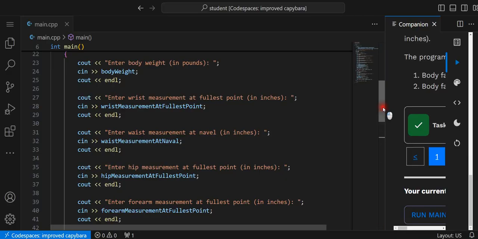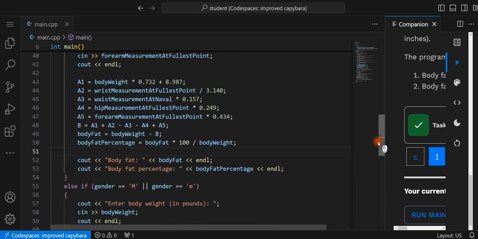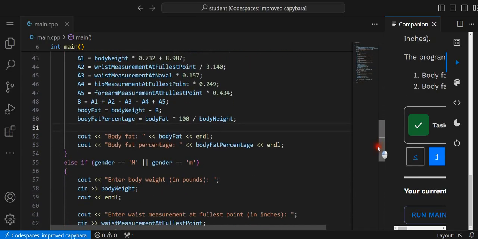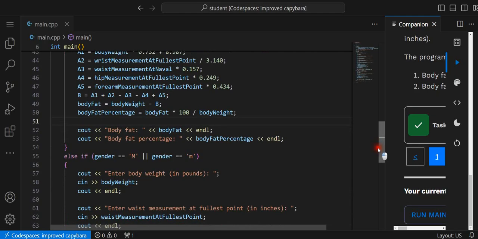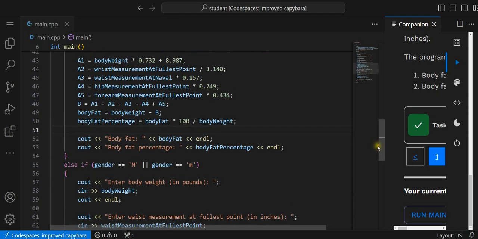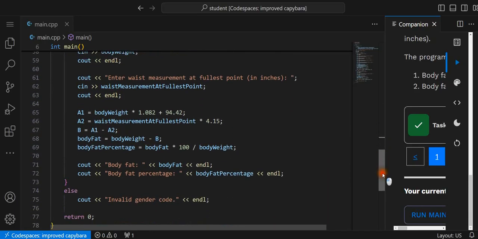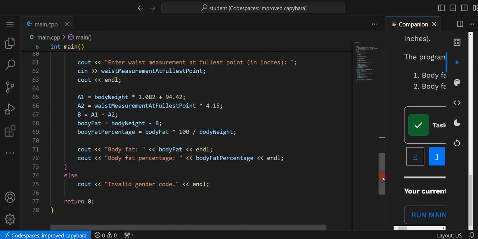And I'm going to scroll down. And here we got line 43 to line 62. Scroll down again. And we have line 61 all the way down to the end. Check that out.